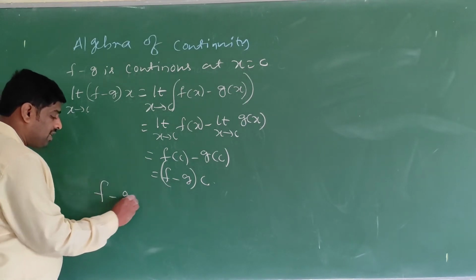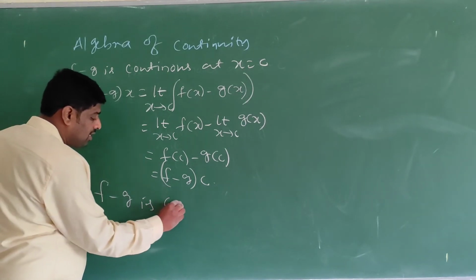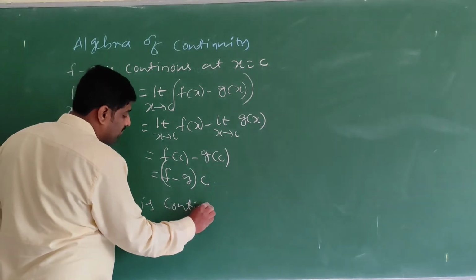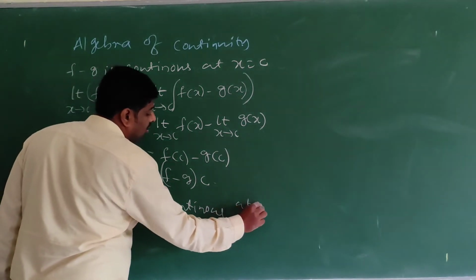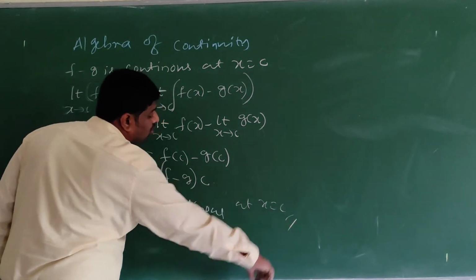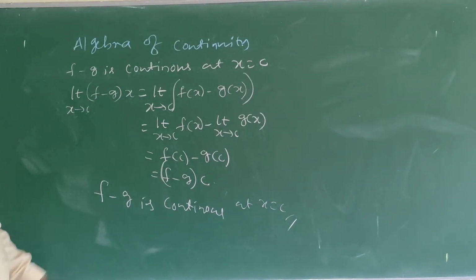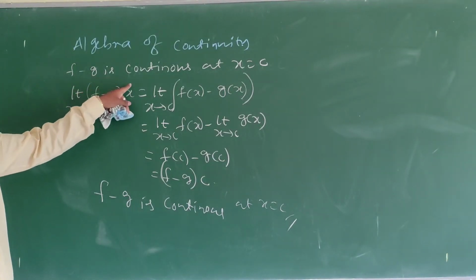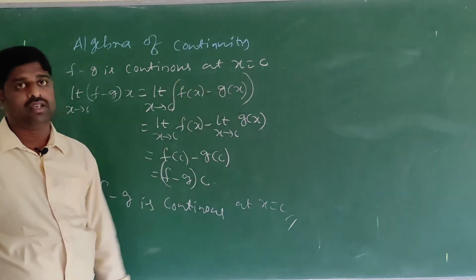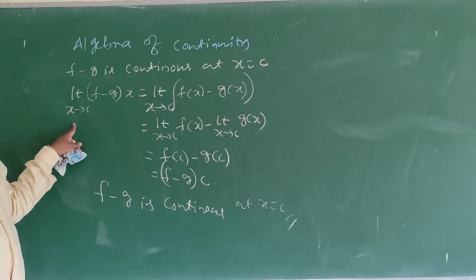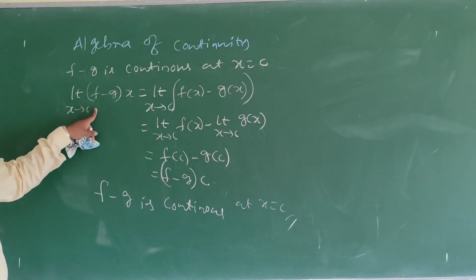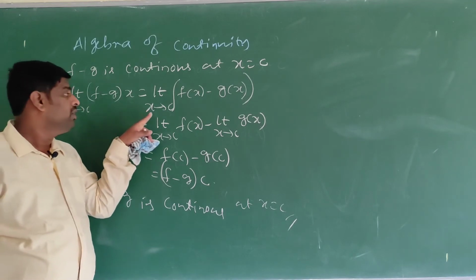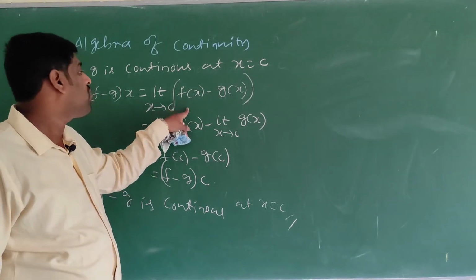Therefore, f minus g is continuous at x is equal to c. You have to prove limit x tends to c of f minus g of x is equal to f minus g of c.